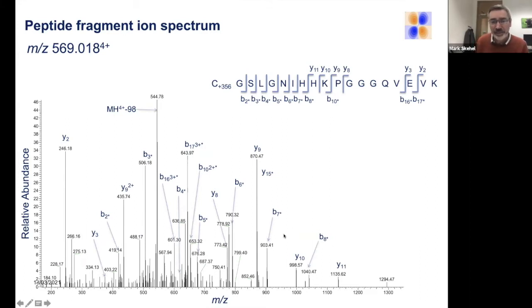This is a little bit complicated, but what you're normally doing is looking for a ladder of fragment ions that you can then read off the differences between to work out the sequence. So we have an accurate mass for the precursor ion and we have fragment ions, and that's the information we feed into the database search engine.